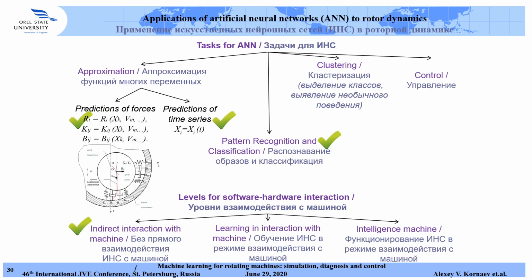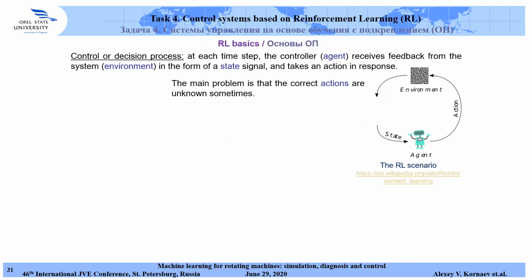The following task is connected with control. Solving this task, we used learning in interaction with the machine. In the previous task, we used supervised learning because we had the labeled dataset, but in this task, we didn't have it. The main objective of reinforcement learning is to take a correct action on the basis of the current state of the environment.